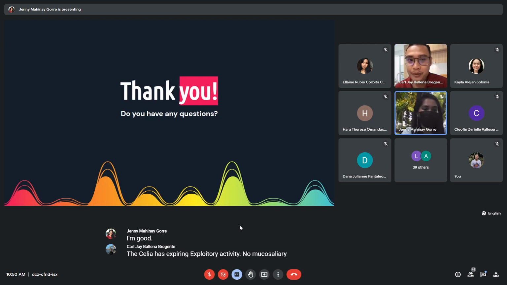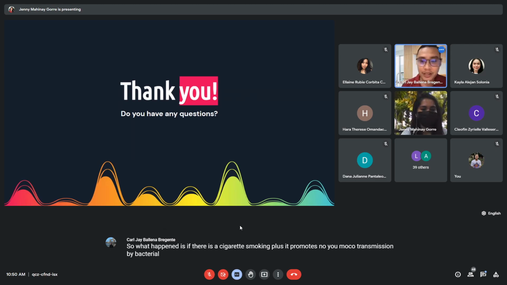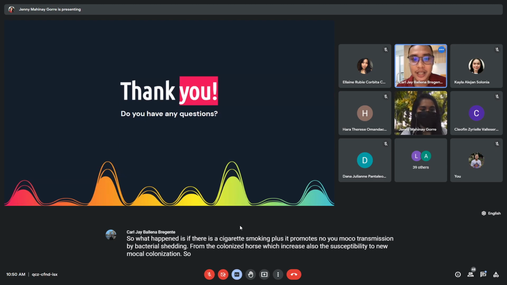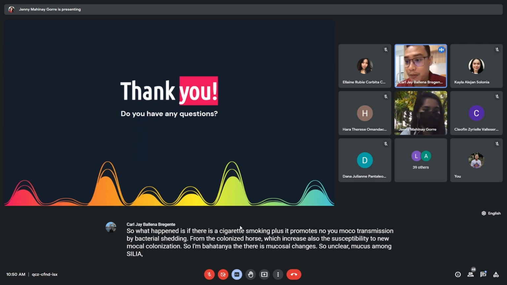So what happens is if there is cigarette smoking, it promotes pneumococcal transmission by bacterial shedding from the colonized host, which also increases the susceptibility to pneumococcal colonization. There are mucosal changes. Your cilia, their mucociliary action, will be destroyed because of the effect of the smoke.